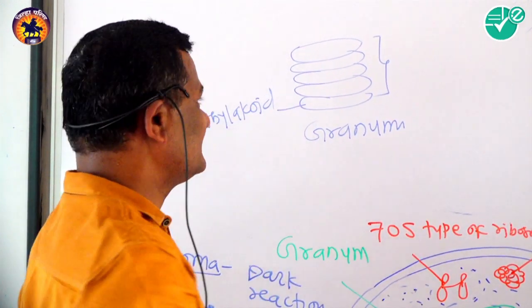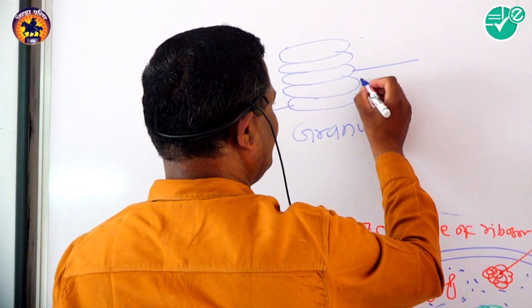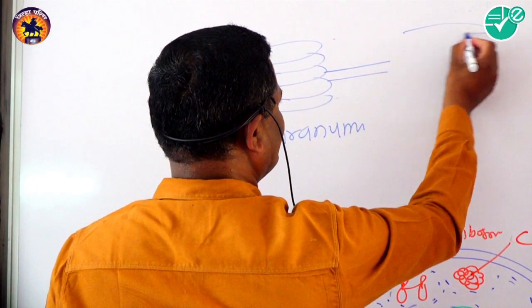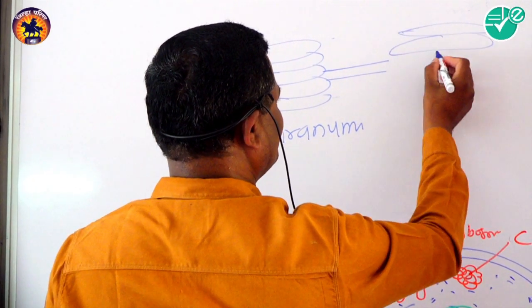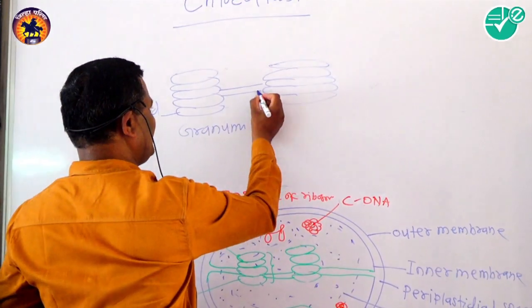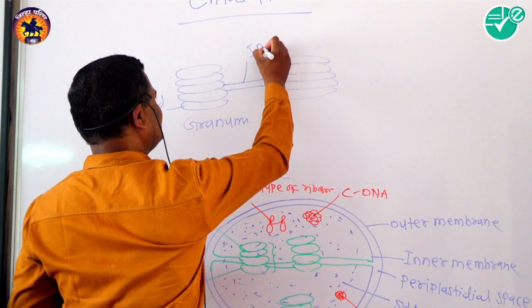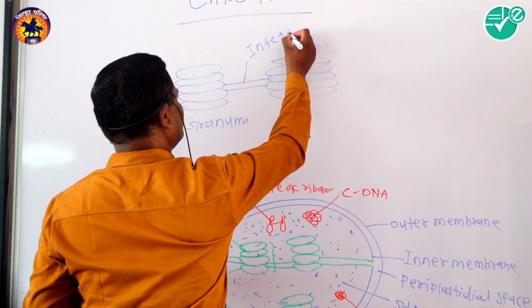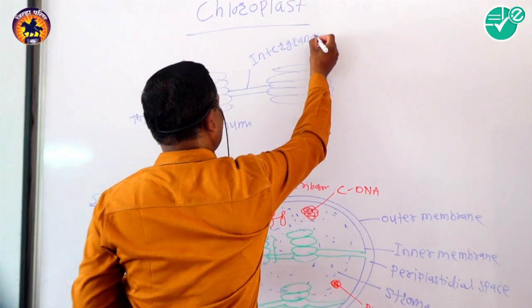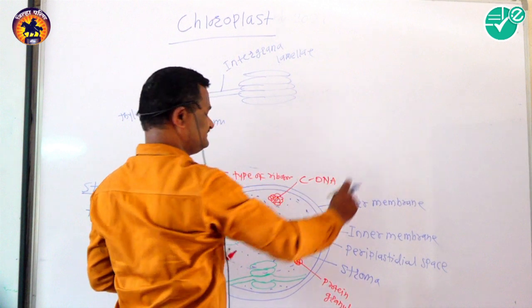Then grana are connected with each other. Many grana are connected with each other. Adjacent grana are connected with the help of lamellae. That lamellae is called intergrana lamellae.